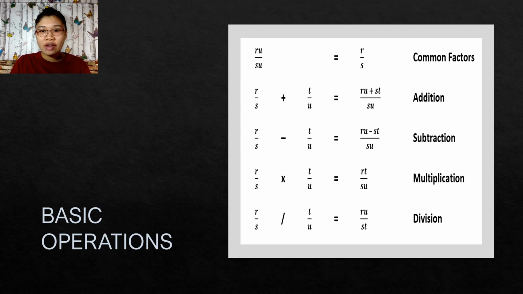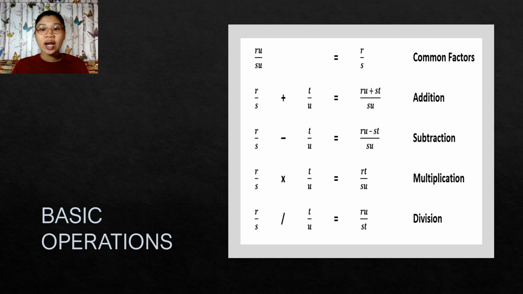So suppose we have here R over S and then T and U. So we have variables R, S and then T, U, wherein we have rational expressions R over S and then T over U. Again, R, S, T, and U are polynomial expressions, since our definition of a rational expression is a fraction or a ratio of two polynomial expressions.